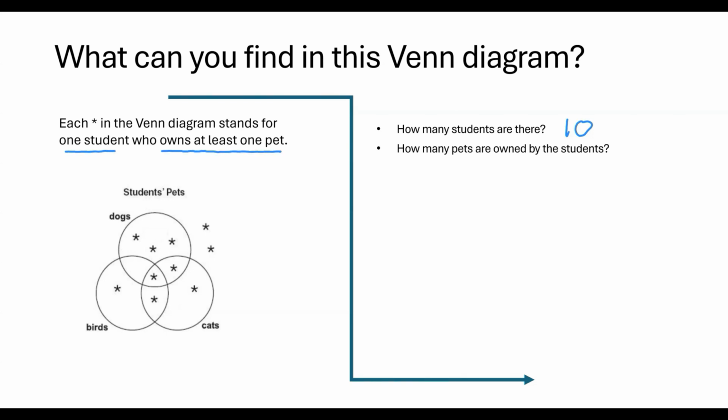So let's imagine a student who says, I have a dog at home. Now, it says at least one pet. So what happens if the student has 20 dogs at home? You cannot answer this question. How many pets are owned by the students? No, you can't answer the question at all, right?